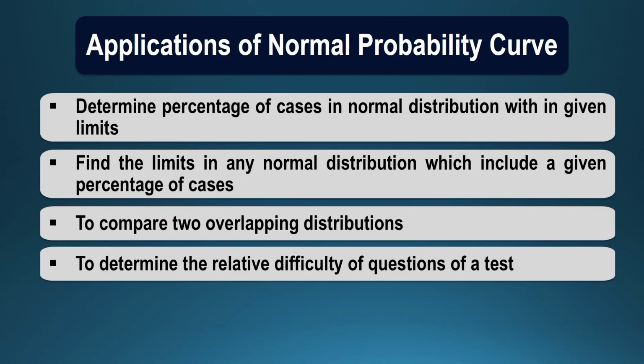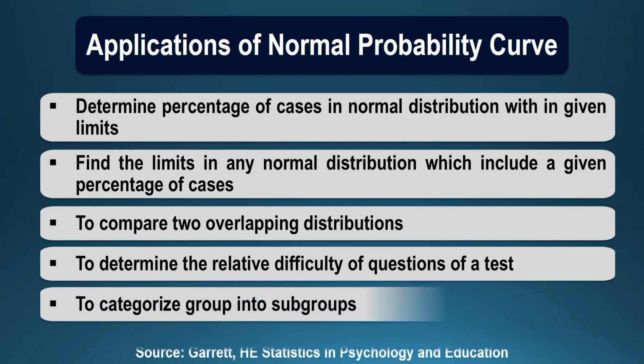In addition, if you would like to categorize your students into 5 categories or 3 categories, then you can also use normal probability curve.